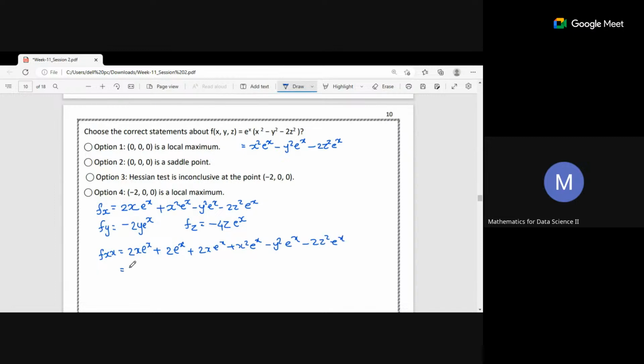Quite lengthy, so maybe we can simplify this further. 2 e power x plus 4x e power x plus x square e power x minus y square e power x minus 2z square e power x. So e power x taken commonly: 2 plus 4x plus x squared minus y squared minus 2z squared.